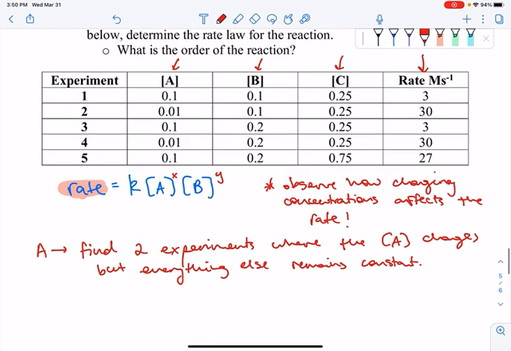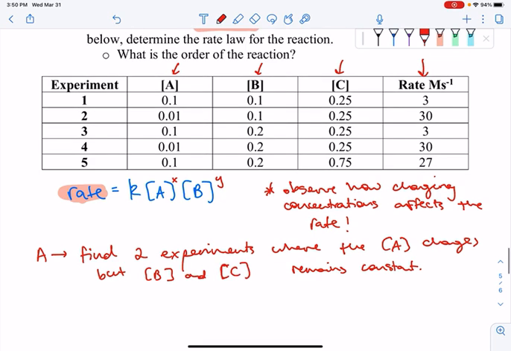Let's say the concentration of B and the concentration of C remain constant. We are just currently focused on how changing the concentration of A affects the rate. We don't care about B and C. We'll deal with those later. So we don't want them to change. For this one, we need to look at some reactions. Let's start with reaction 1.